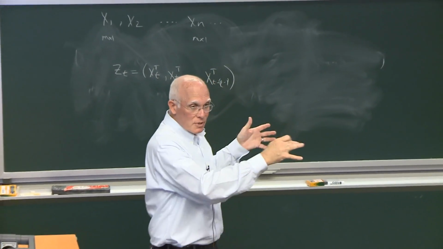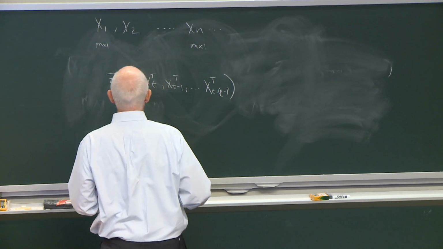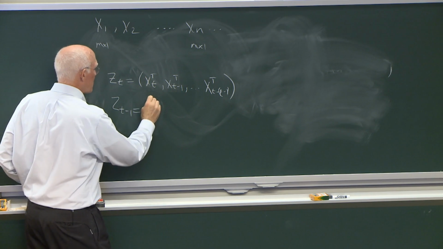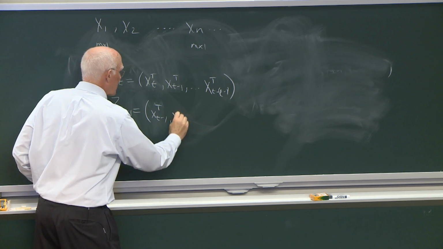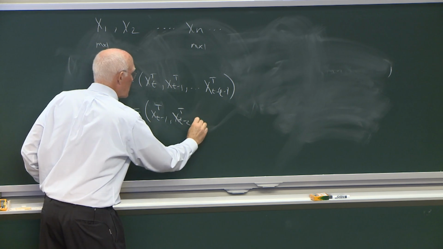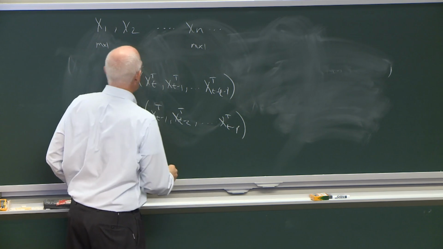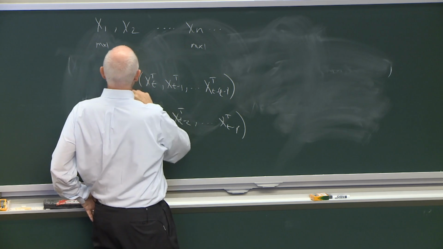So there are p terms. And then if we consider the lagged value of that, that's Xt-1, Xt-2, up to Xt-p transpose.